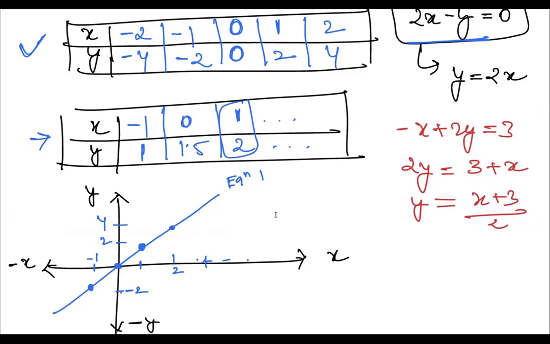Okay, we have one point which is 1 by 2. Then when x is 0, what is the value of y? It is 1.5. And when x is -1, it is 1 here, right? Let me draw better.